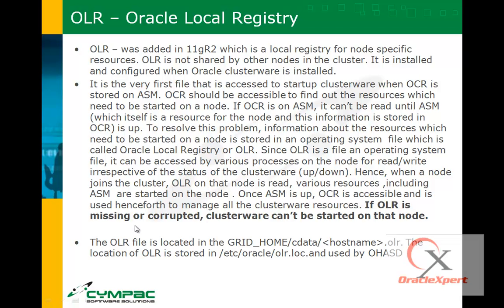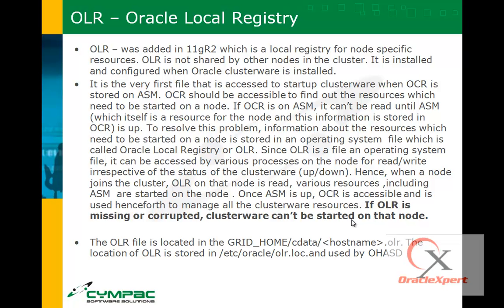If OLR is missing or corrupted, then obviously clusterware on that node cannot be started, because this is the first file that is read to determine which are the local resources to be started, and one local resource to be started is the ASM instance running on that machine. And where is the SP file? That is read from grid plug and play.